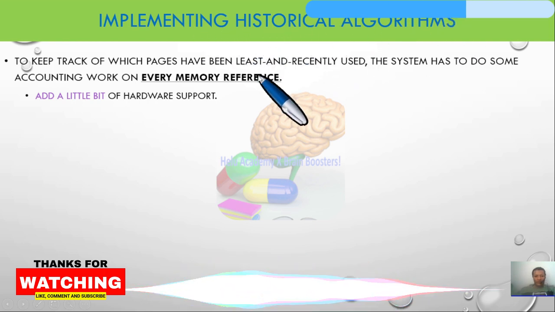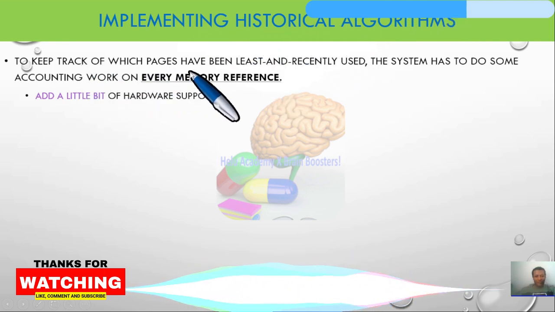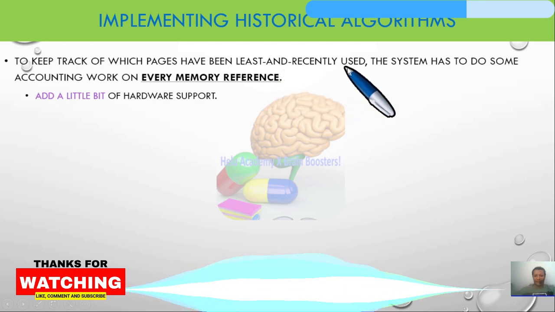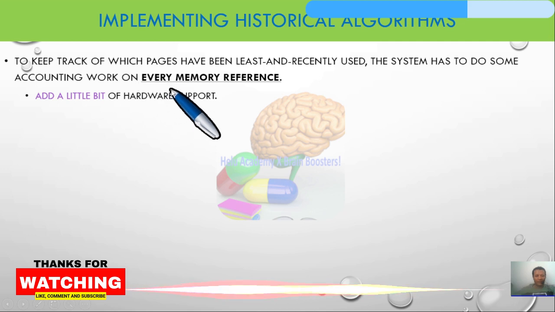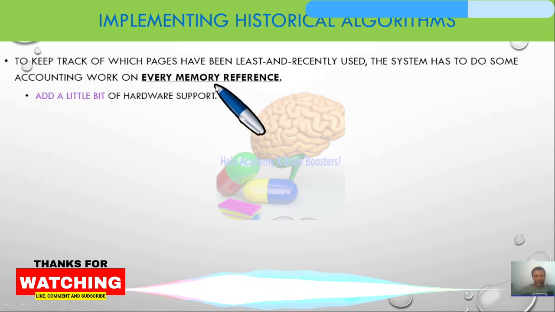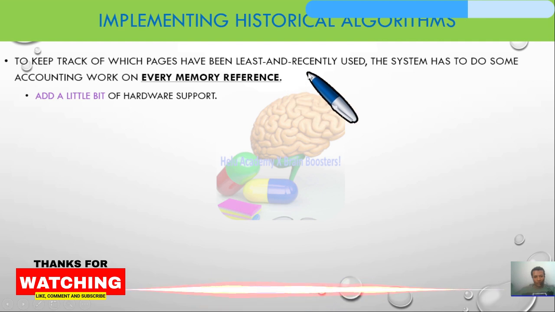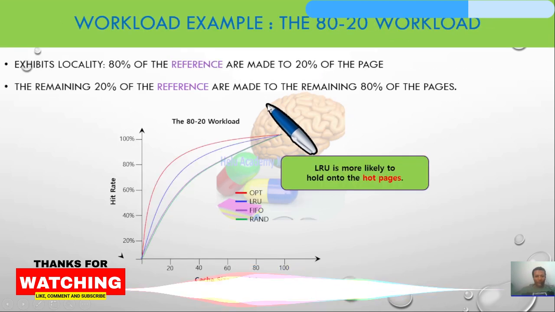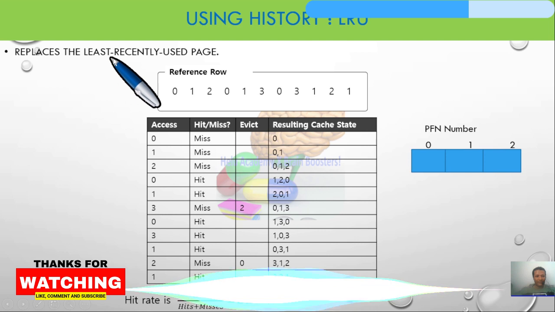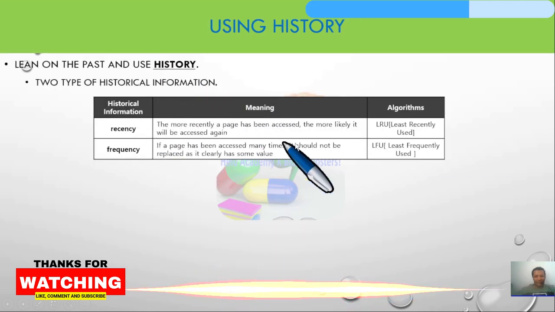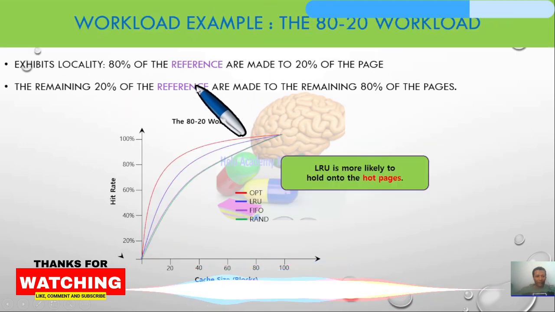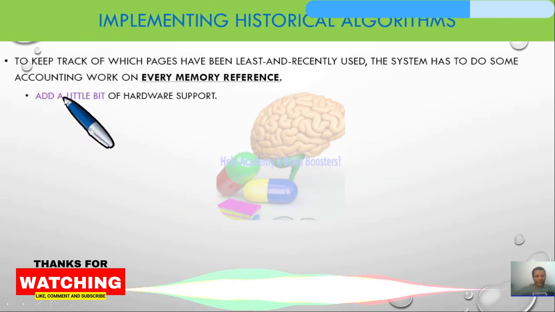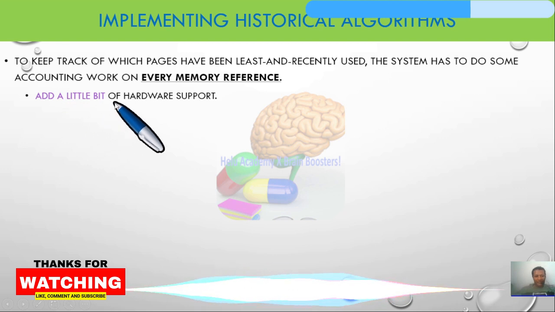Implementing historical algorithms to keep track of which page has been least recently used, the system has to do some accounting work on every memory reference, because for both least recently used and least frequently used, there has to be some kind of accounting, and a little bit of hardware support.